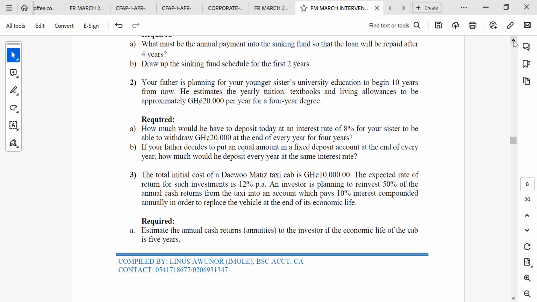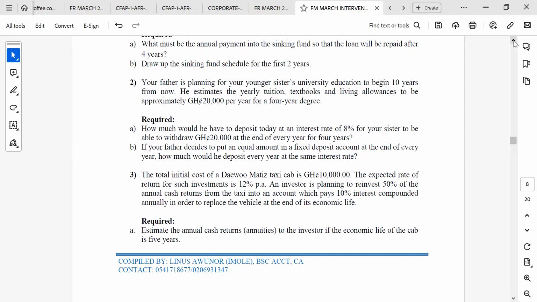Okay, you see that in all, what will be the total period for the investment? 14 years. So if you're able to understand that this will be for 14 years, then that is the first step to solve this question. Okay, they're saying that your father wants to start what?